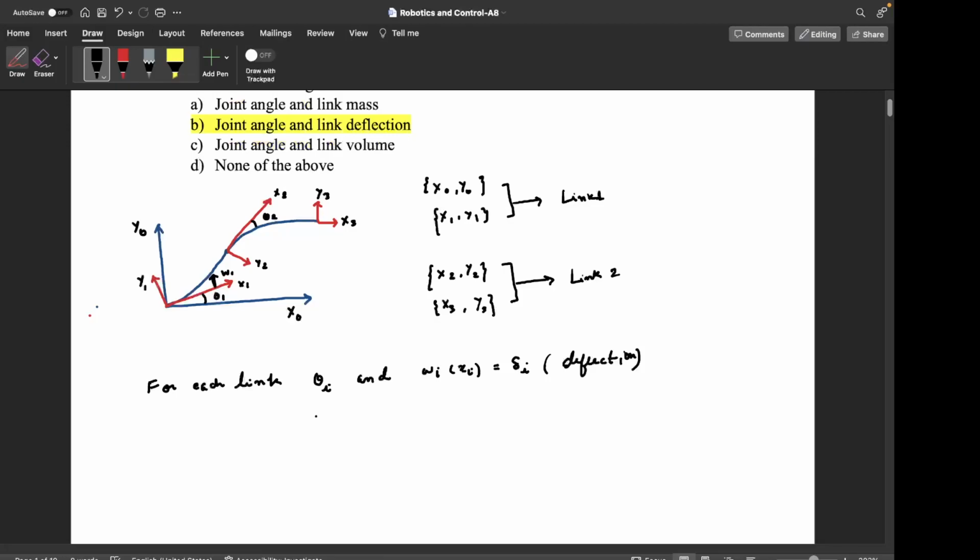And this is the joint angle. So we need these two generalized coordinates for each link.